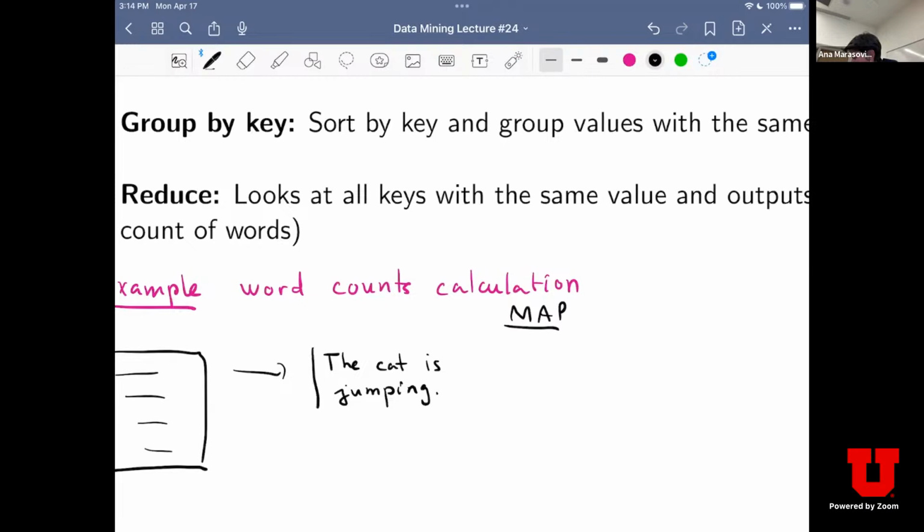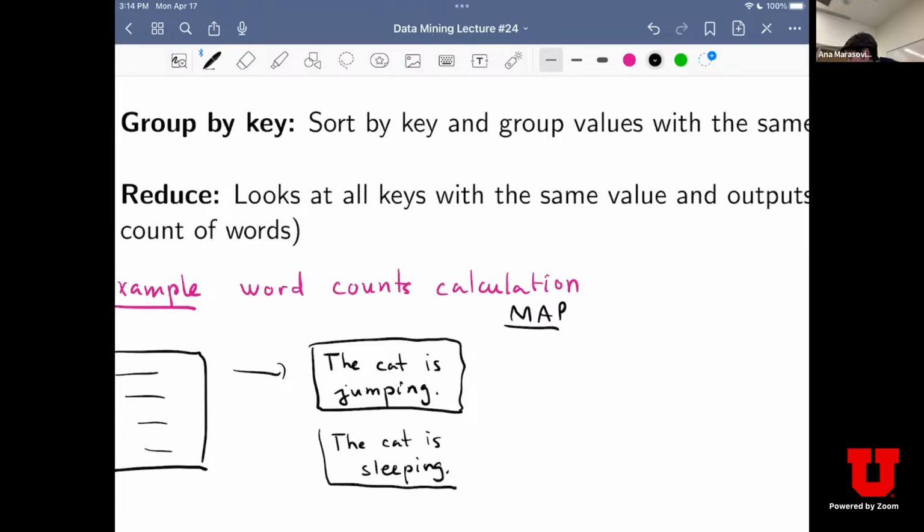Okay, so imagine that each one of the chunks of data is one sentence, and then let's say the other sentence is, I don't know, the cat is sleeping, which is exactly what my cat was doing this day.